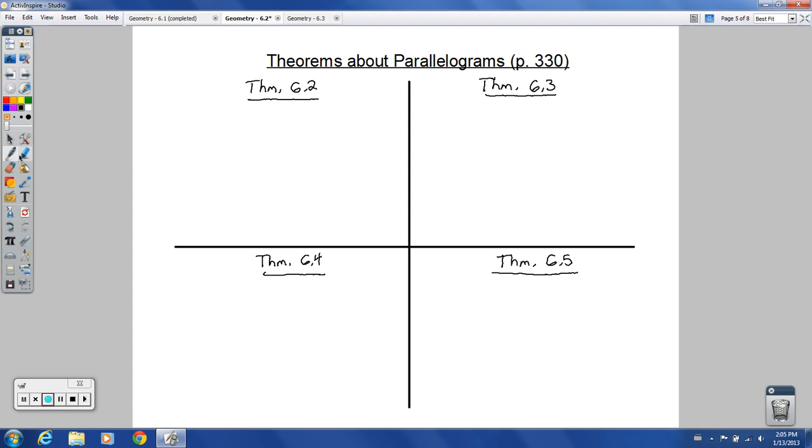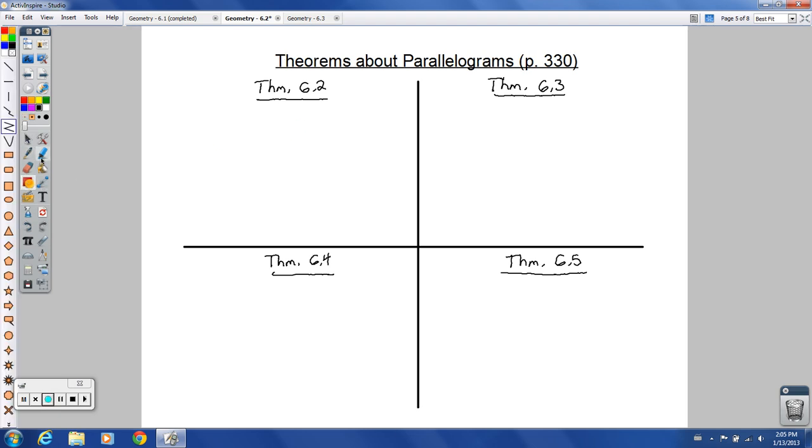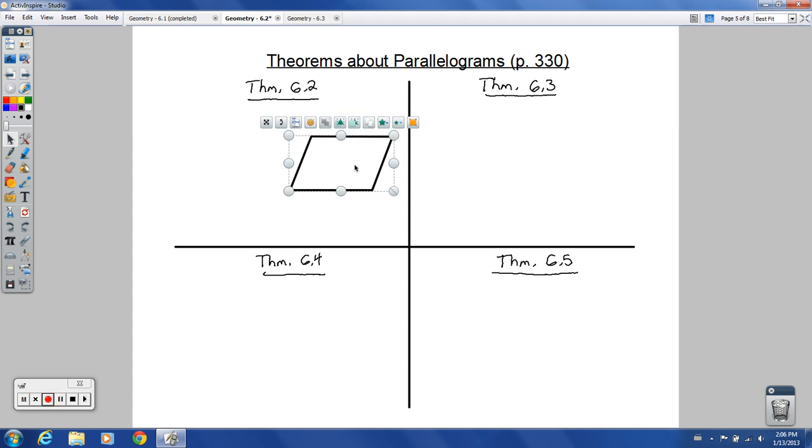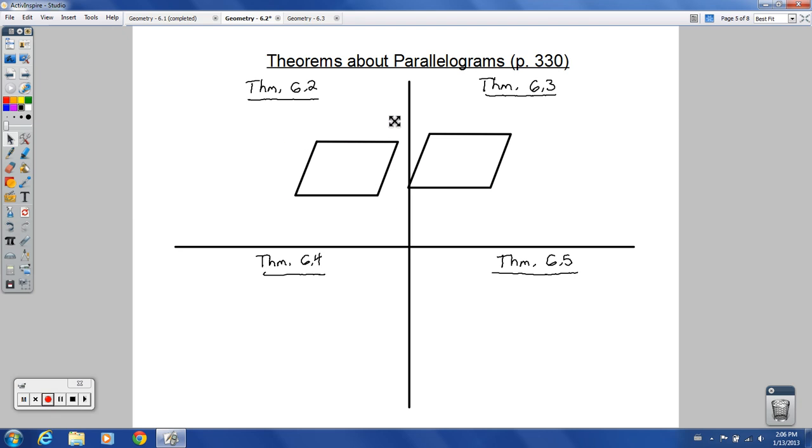And let's see what we got. So before we draw anything or write anything in, off to the right in each one of these boxes, let's draw some parallelogram looking shapes. We can't say that they are actually parallelograms unless we're told that they are, or that we have both pairs of parallel sides, but let's draw them all to look the same.